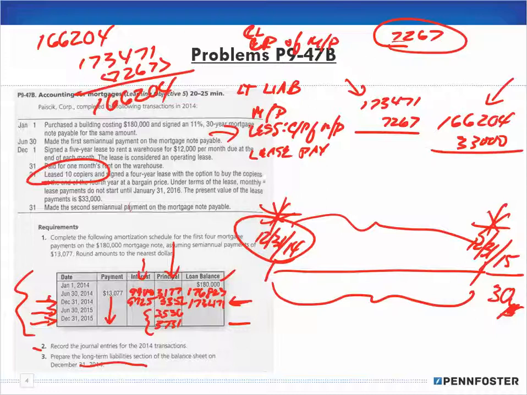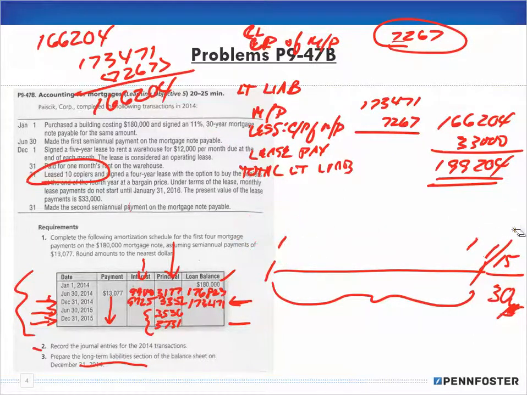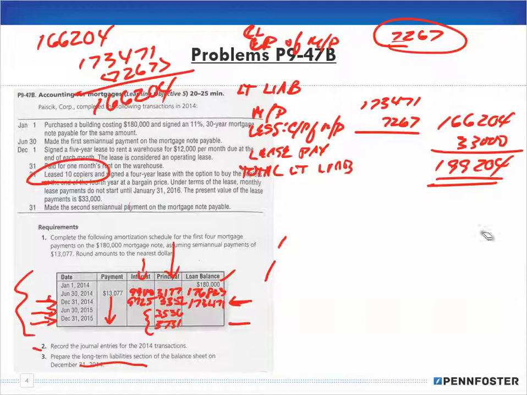Okay, so our total long-term liabilities are going to be $199,204. Okay, so that is kind of how I would show the long-term portion, that's how my balance sheet would look.